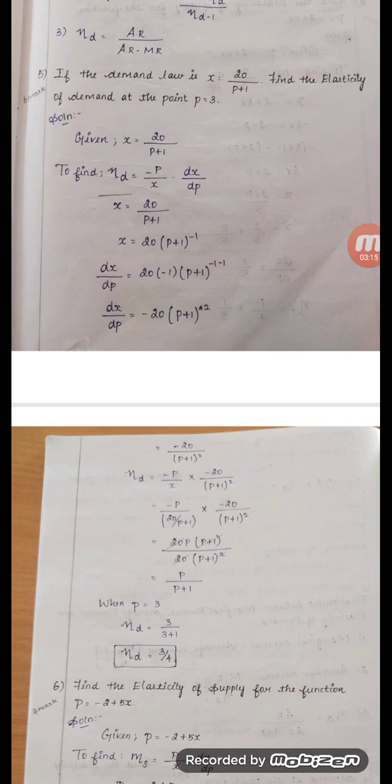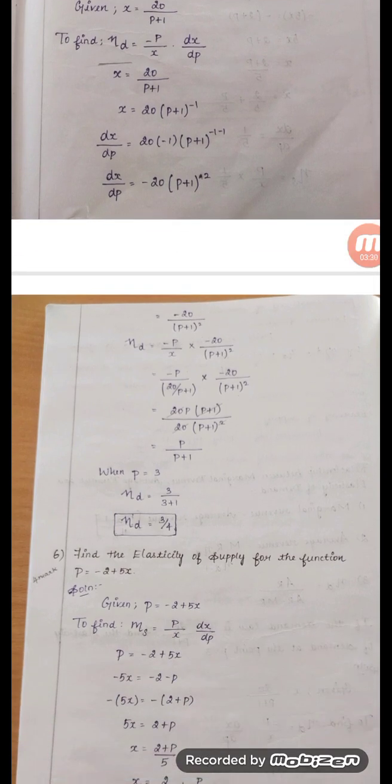I am going to substitute the value in the elasticity of demand formula. So elasticity of demand is equal to minus p by x into dx by dp. Instead of dx by dp I substitute minus 20 by (p plus 1) the whole square. Instead of x I substitute the given equation, 20 by (p plus 1). We know that the denominator of a denominator will become a numerator.